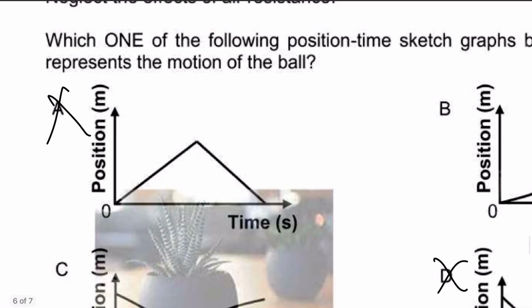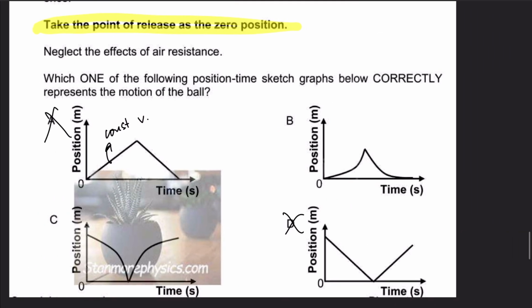If you look at A, these are straight lines, and this means a constant velocity. If an object is falling and gravity is pulling it down, that means it's accelerating. It means the velocity is changing. So we don't necessarily draw straight lines for position time graphs in VPM. Because remember, the velocity is always changing because there is acceleration present. So A and D would be out.